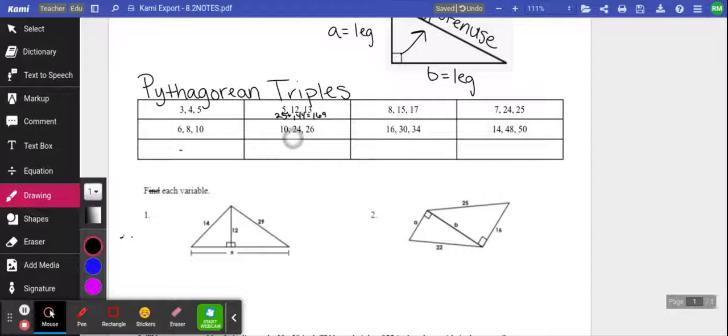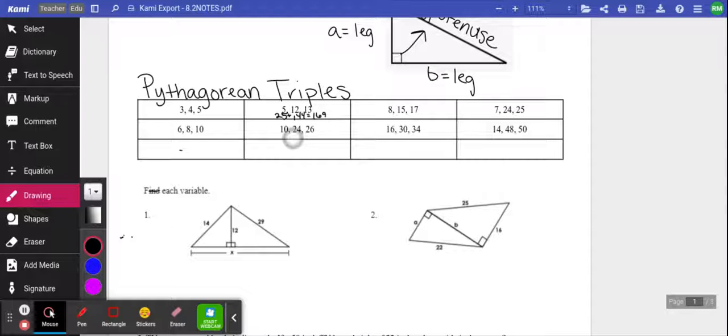Can we come up with 4 others? Let's see. Is there a pattern from 3, 4, 5 to 6, 8, 10? What happened? Doubled it. So could we come up with another set based on that? See if you can come up with another set.